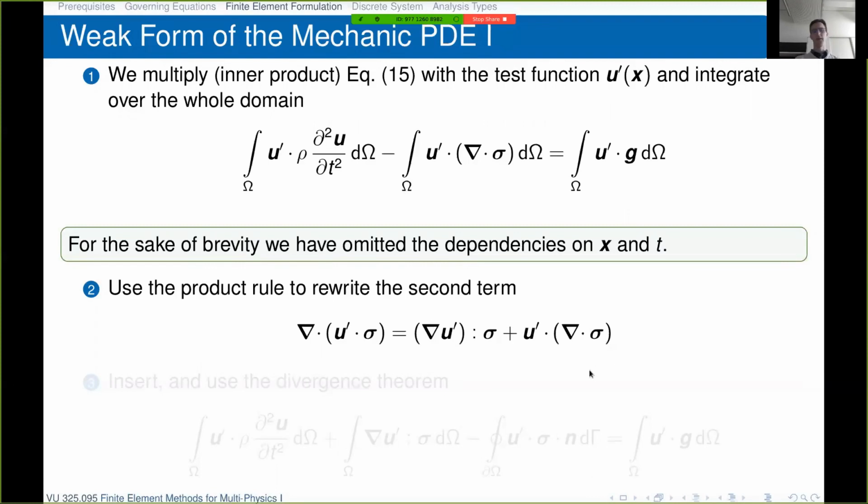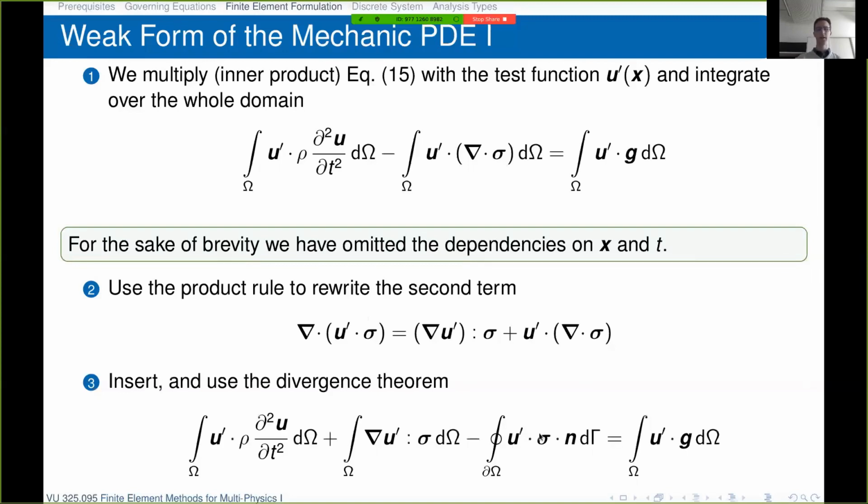Okay, and now we can actually recognize here the last term, which is the term we have here in our integral. And as usual, we want to replace this term and then apply the divergence theorem on the divergence term, which can be converted in the boundary integral, which is done here in the last expression.